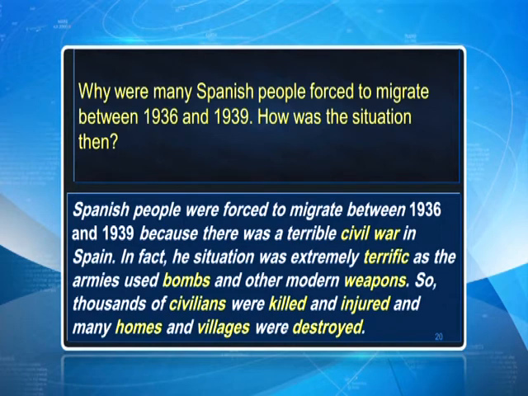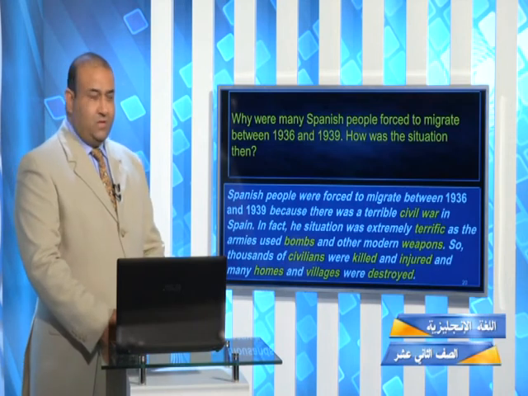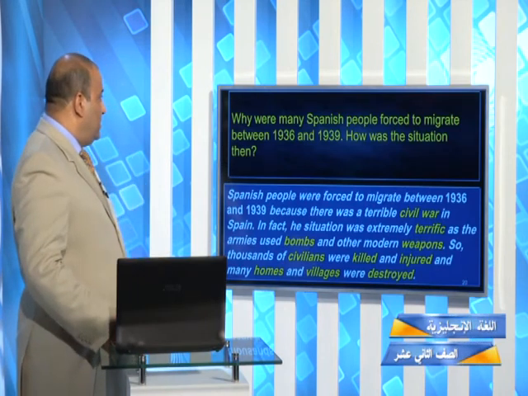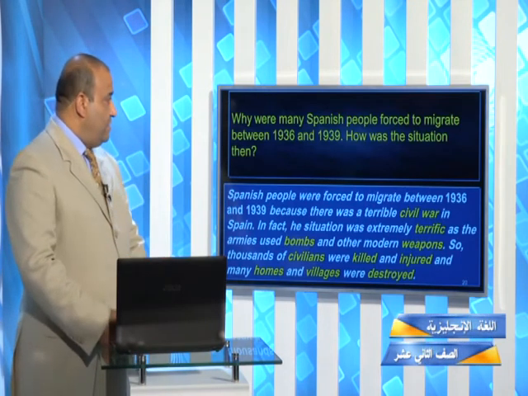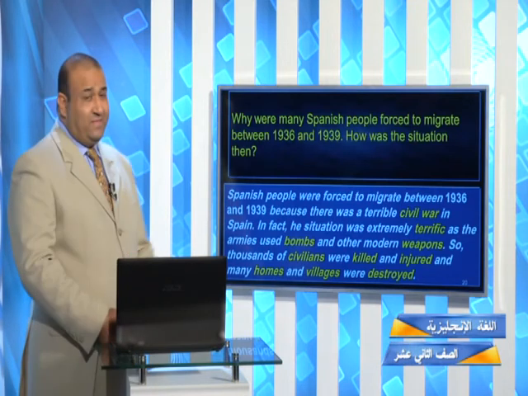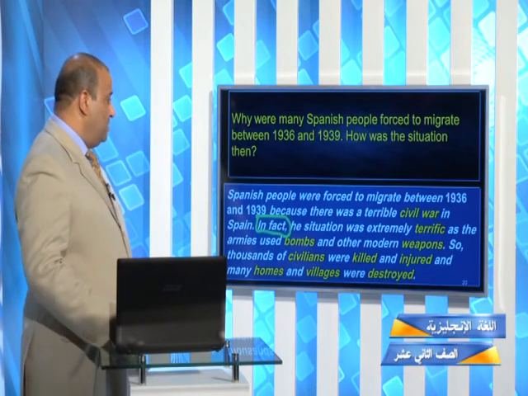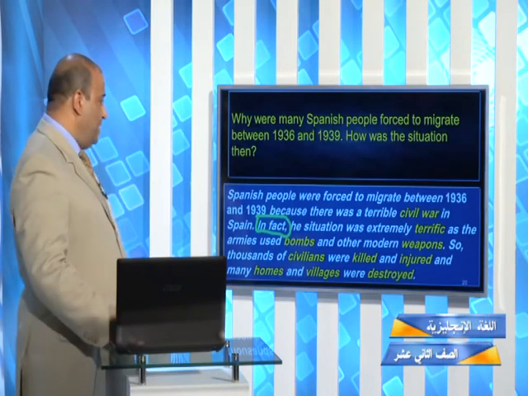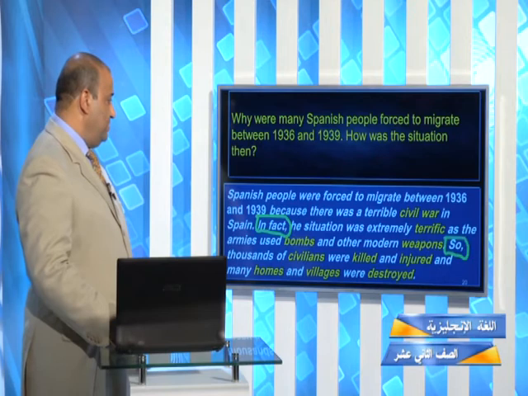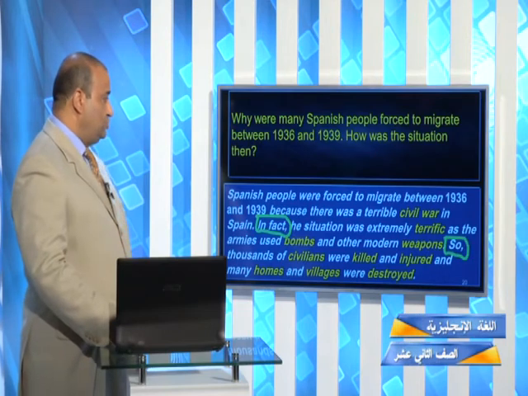So here we have two parts of the question. Number one, the cause of their movement and description of the situation at that time. Again, we go back to the linkers. Here I have used in fact, and I used so.